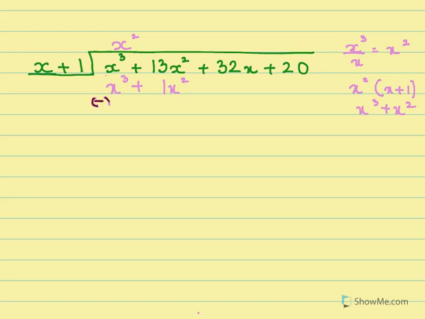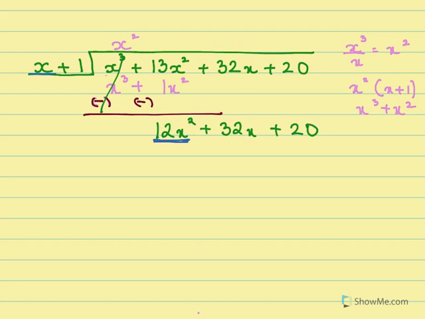The plus becomes minus. Now x cube minus x cube cuts out. Here we'll get 13x square minus 1x square, and this is 12x square plus 32x plus 20.